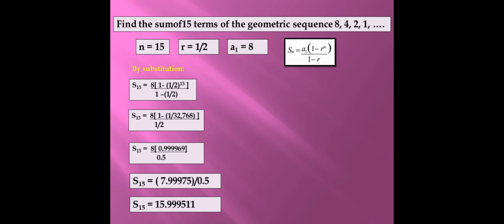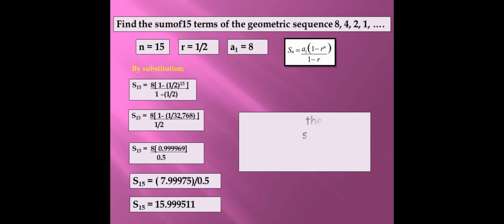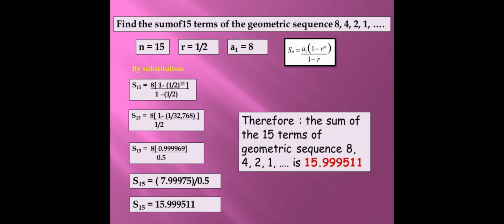So therefore, our S sub 15 is equal to 15.999511. So therefore, the sum of the 15 terms of geometric sequence 8, 4, 2, 1, and so on is 15.999511. Okay, that is approximately.